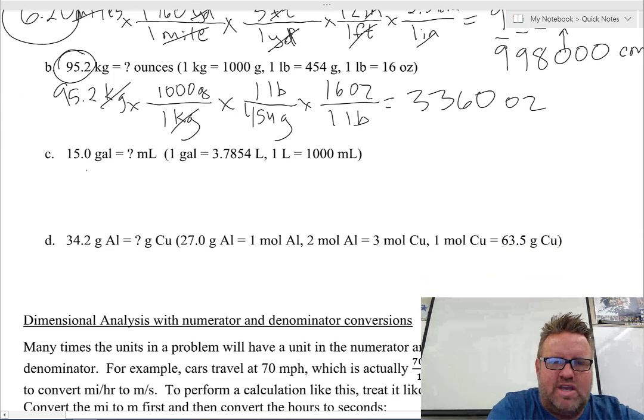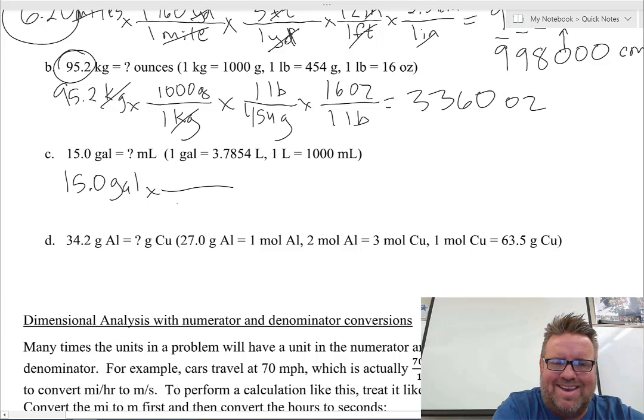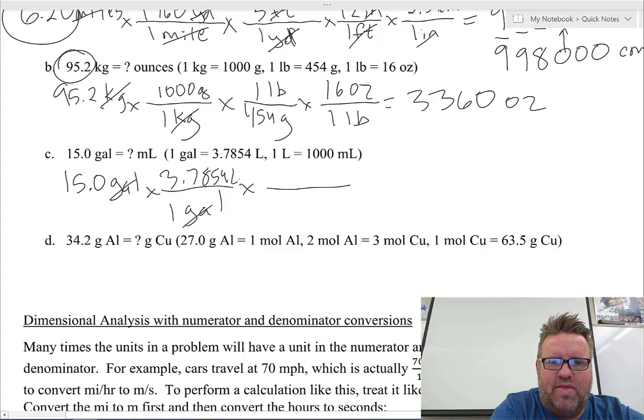Okay, letter C, 15 gallons. How many milliliters are there in 15 gallons? A lot. So let's check and see. 15 gallons. I need gallons to cancel. So I'm going to put 1 gallon on the bottom, 3.7854 liters on the top. Gallons cancel. And then I've got liters on the top, so 1 liter has to go on the bottom, so they'll cancel.